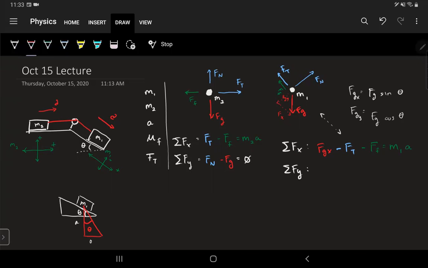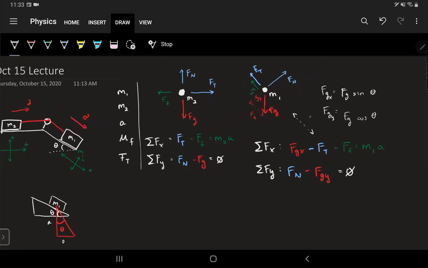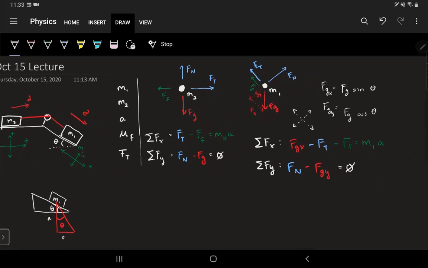Sigma Fy, we have f of n minus Fgy equals 0. Why does it equal 0? Because m1 is not flying in this diagonal direction, up or down, right? You just tilt your head and then it becomes up and down.